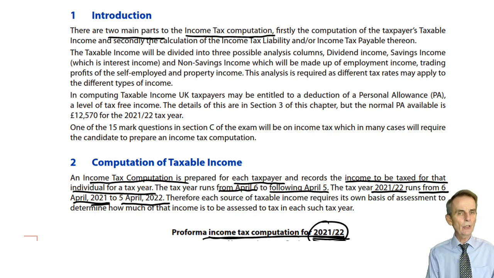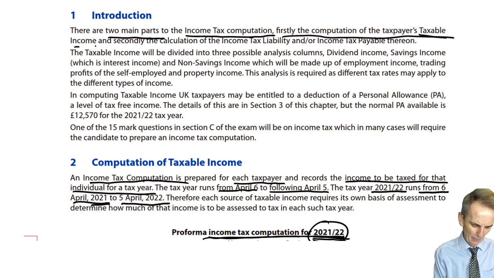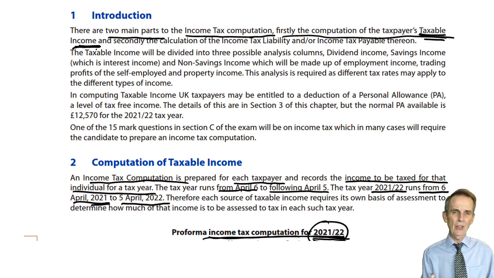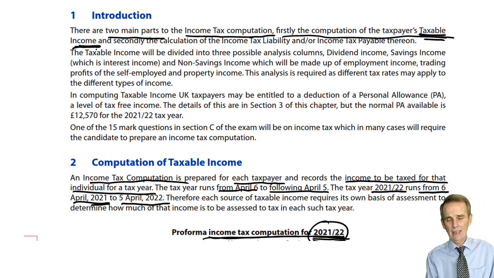The first thing to do is to establish what is chargeable to tax. For us here, firstly in our computation, the taxpayer's taxable income. That will be the first part of the income tax computation completed. The computation of the taxpayer's taxable income.